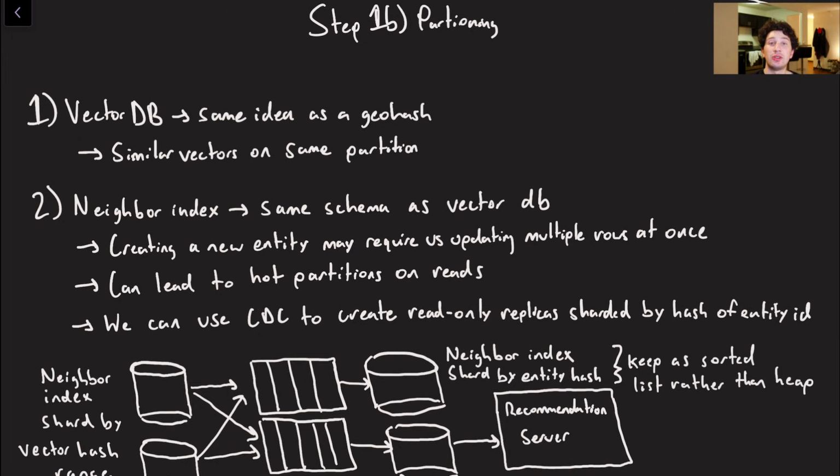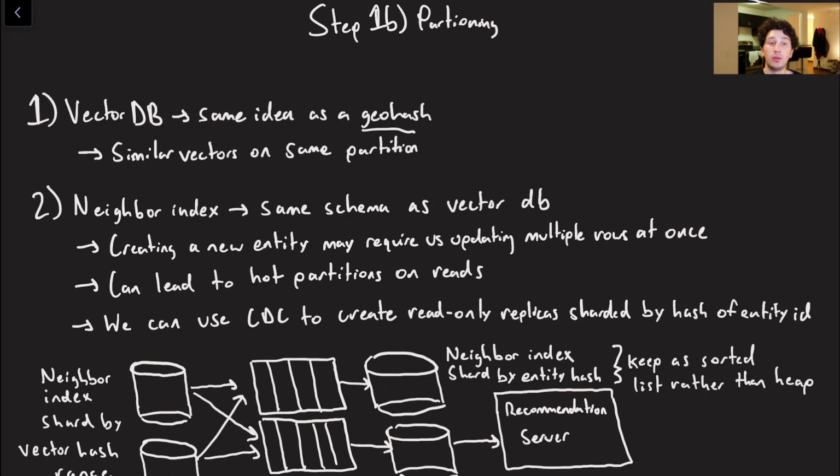Next, let's talk about partitioning. We have two things to partition: our vector database, and our actual neighbor index that we create on top of that. Our vector database is pretty simple to partition. We've spoken about how we would partition a geospatial index, and we want to do the same thing for our vector database. It's the same exact idea. We want to take any points that are within the same bounding box and put those on the same partition.